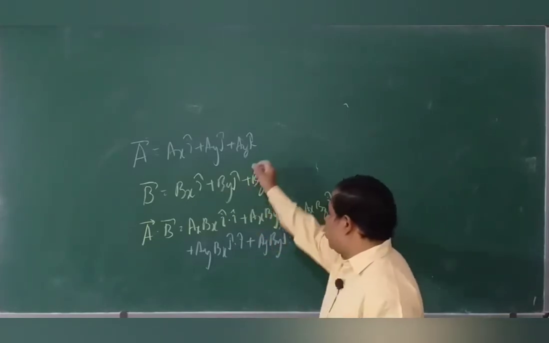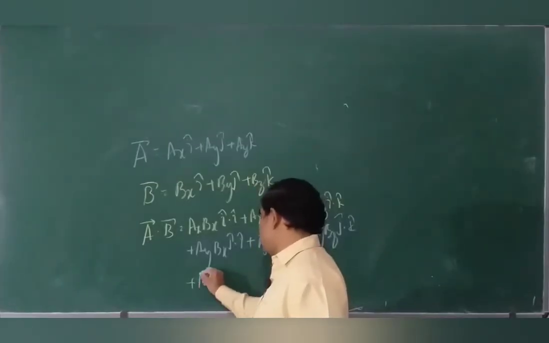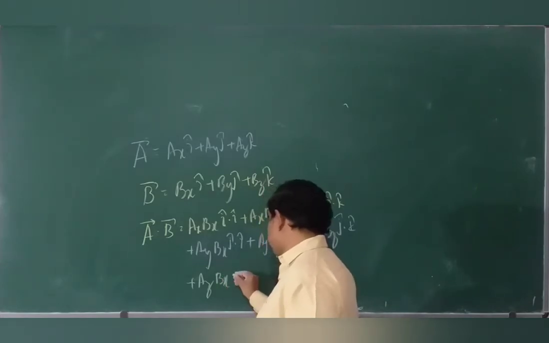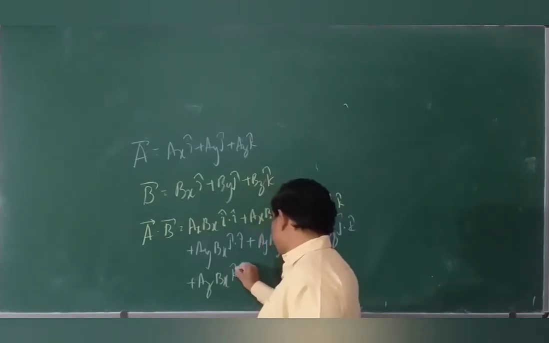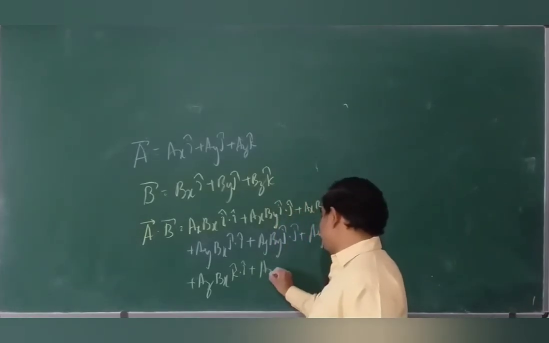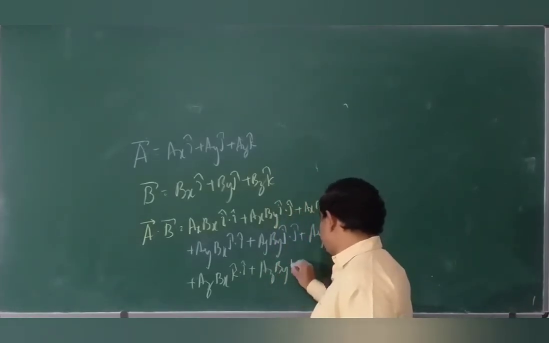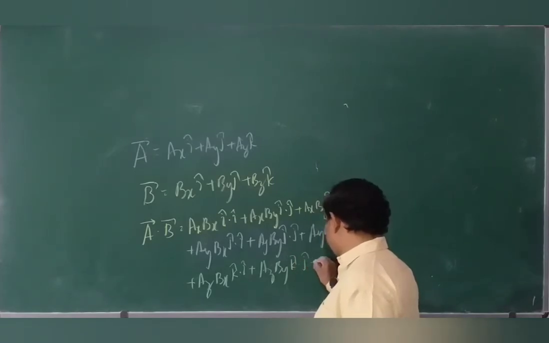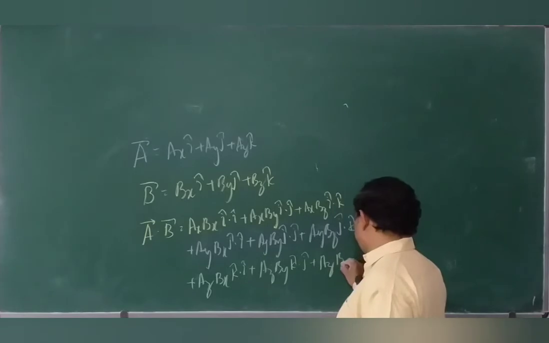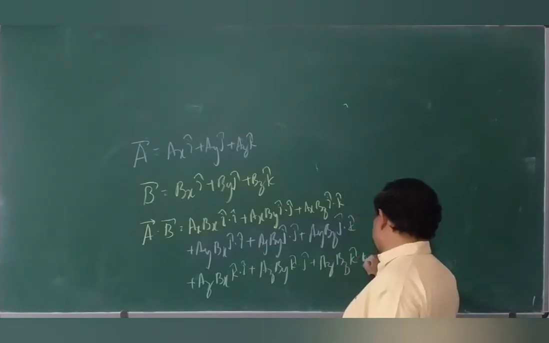And then for Az we do Az with Bx first, k cap dot i cap, plus Az with By, k cap dot j cap, last one, Az with Bz, k cap dot k cap.